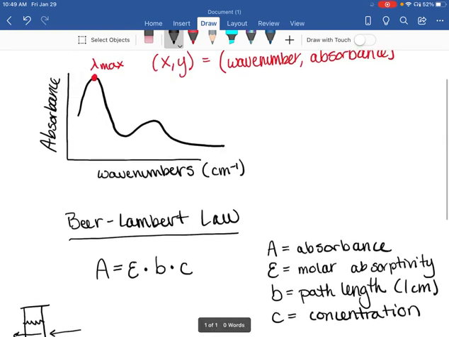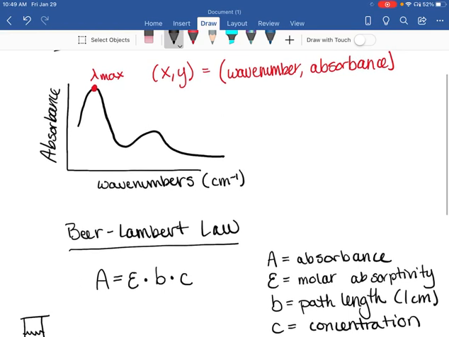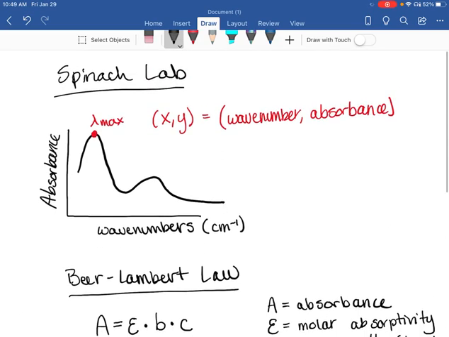Okay, so in your lab handout, you are told that you'll have to calculate the concentration of carotene, which is one of your pigments, in your solution. So what you'll do is you will run a UV-Vis spectrum for carotene, and you're going to find the highest point, and that's going to be your lambda max value, and that is also where you're going to record the absorbance for your sample.